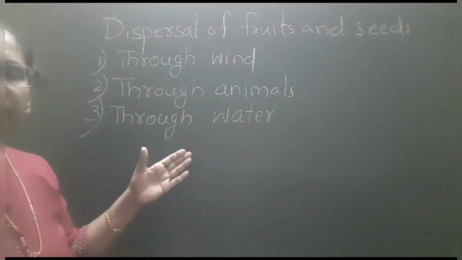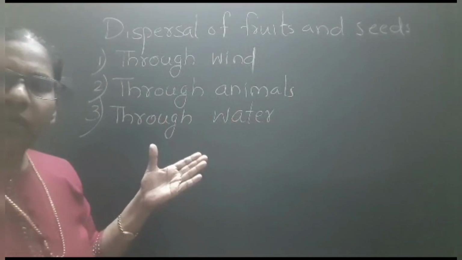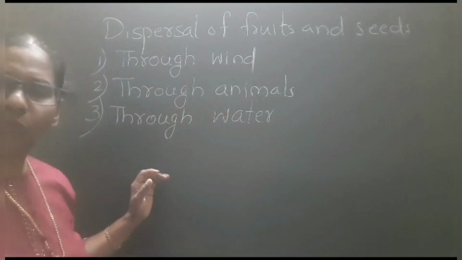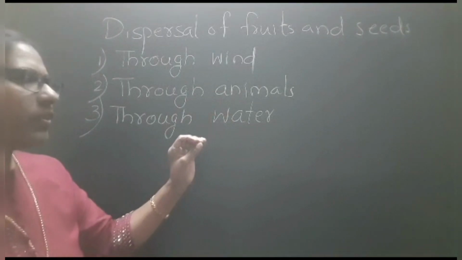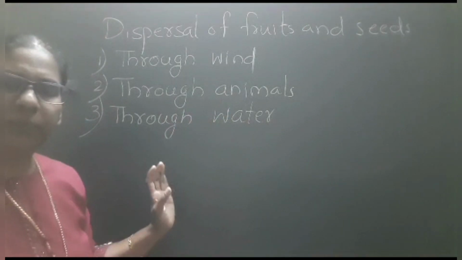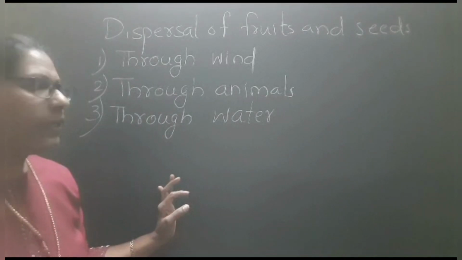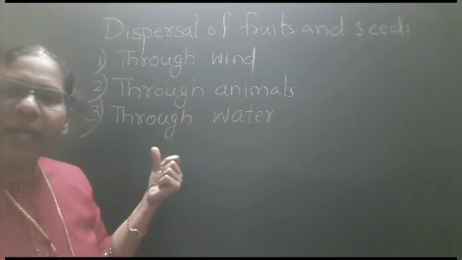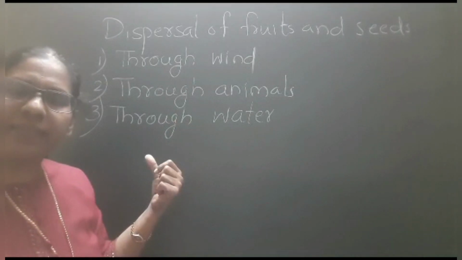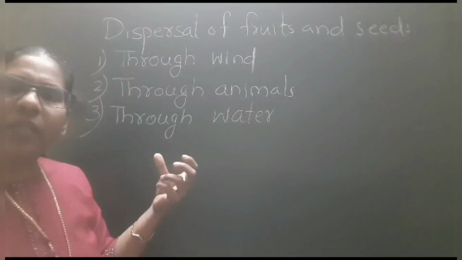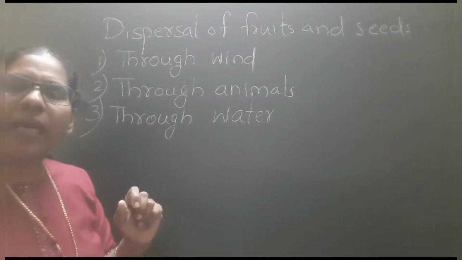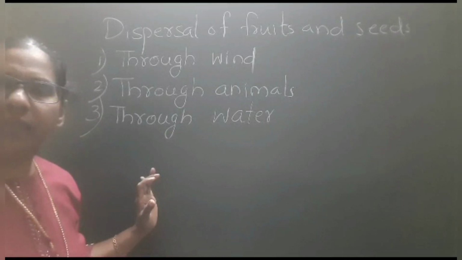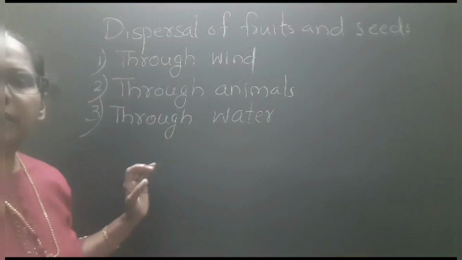Then animals like cows, buffaloes, goats also eat the fruit and throw the seeds on the way. Some birds eat the fruits and the seeds they won't be able to digest. Then through their droppings the seeds come out in different places, and seed dispersal takes place.